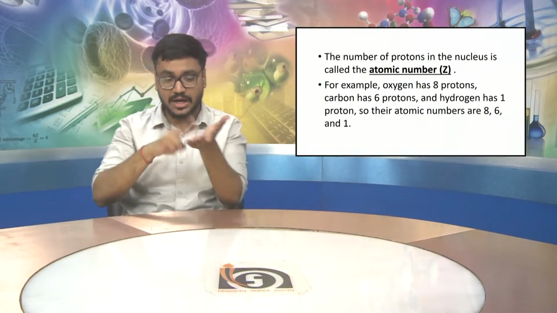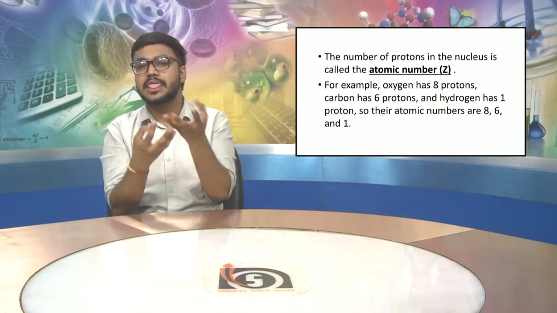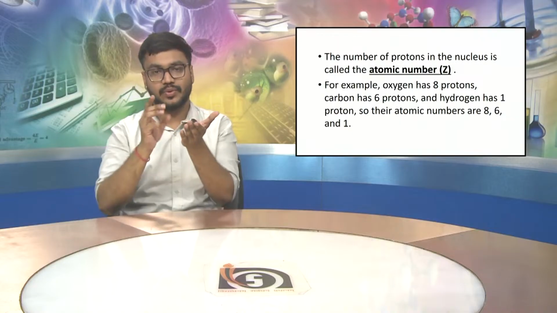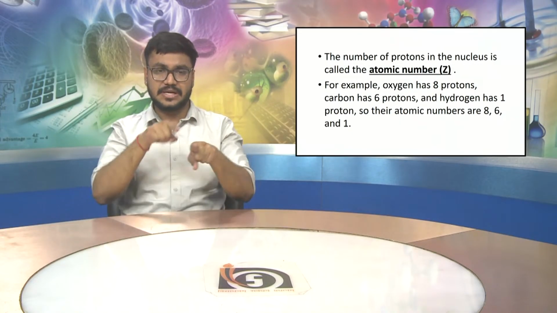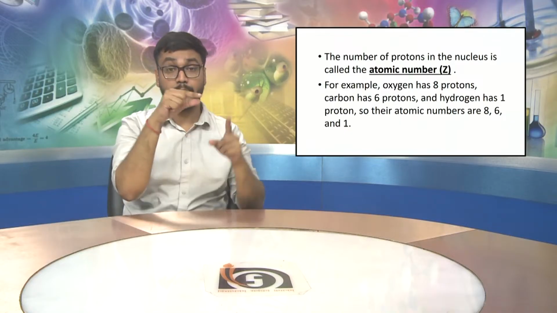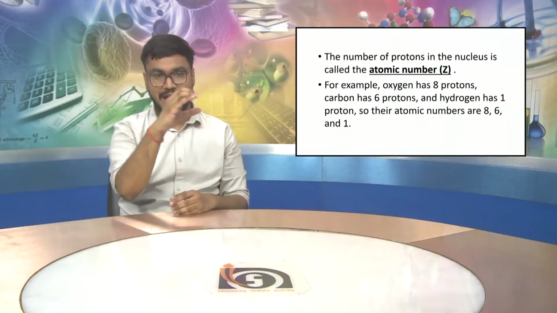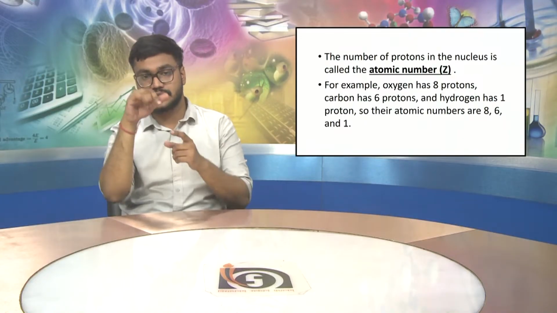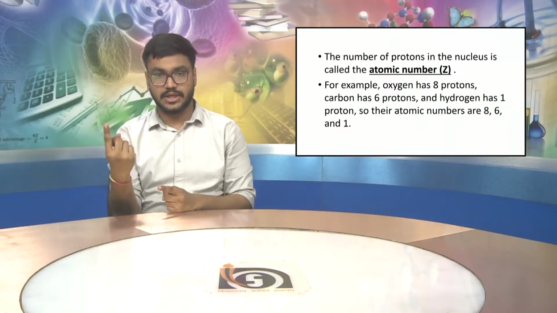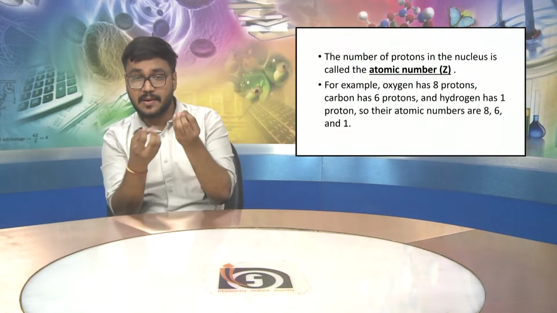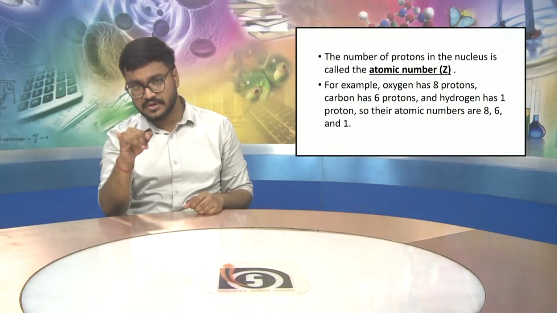The number of protons in the nucleus is called atomic number, which is denoted by Z. For example, oxygen has 8 protons, carbon has 6 protons, hydrogen has 1 proton, so their atomic numbers are 8, 6 and 1.